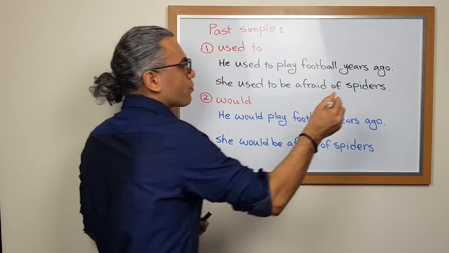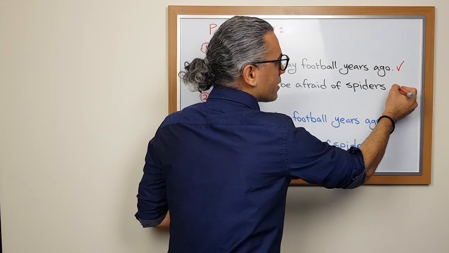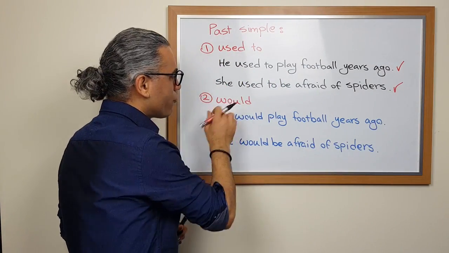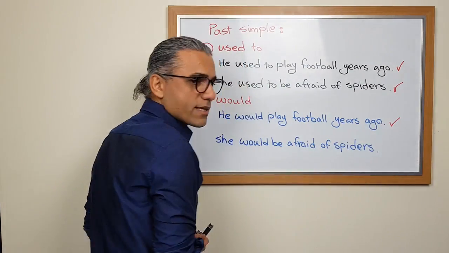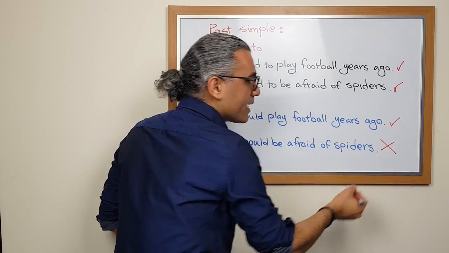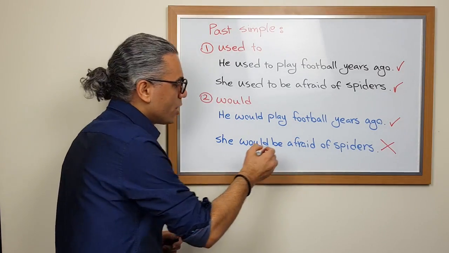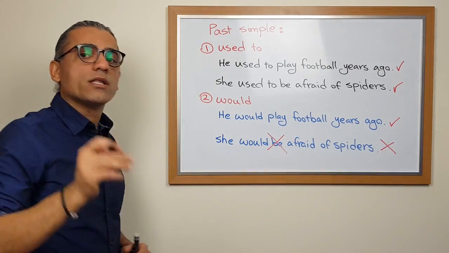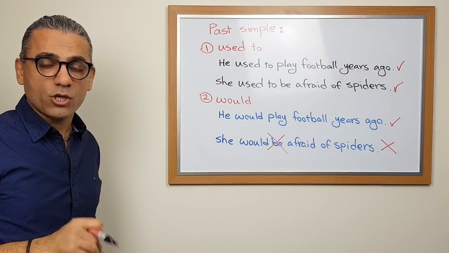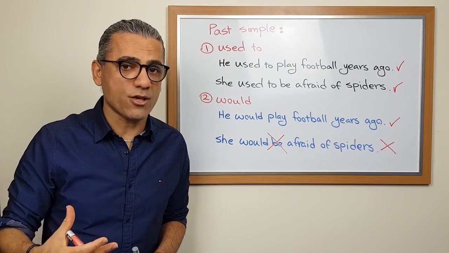For used to, this sentence is correct. For would, this is a correct sentence, but this is an incorrect sentence. The reason is, with would, we cannot use non-action verbs to describe habitual actions.